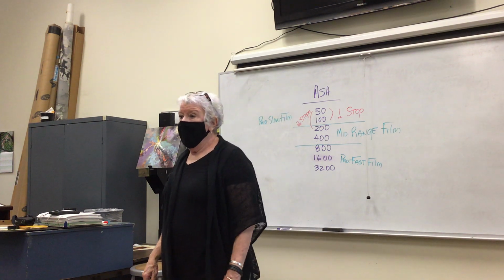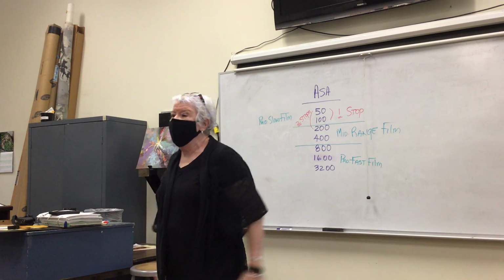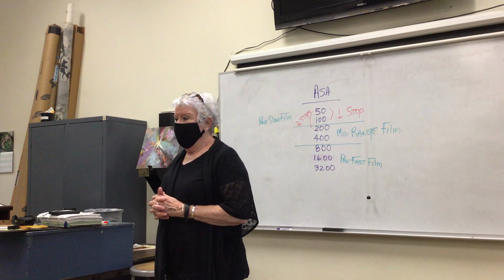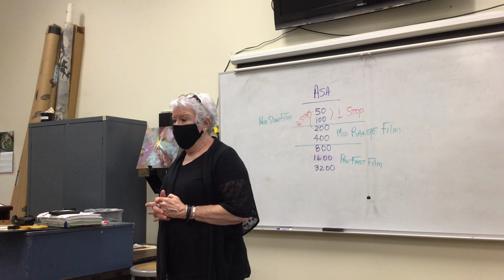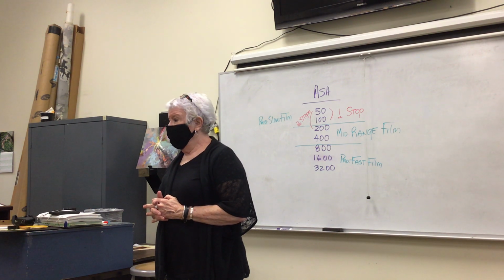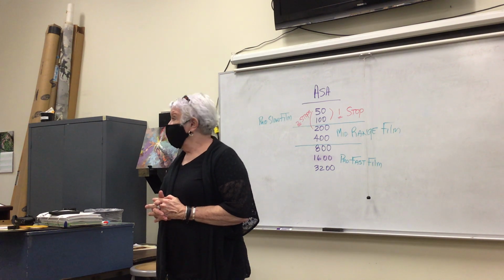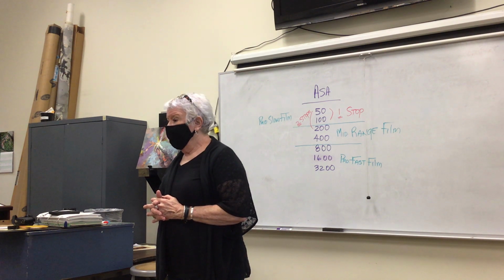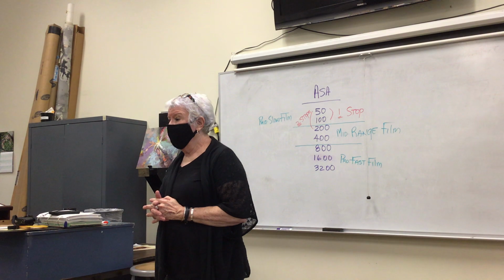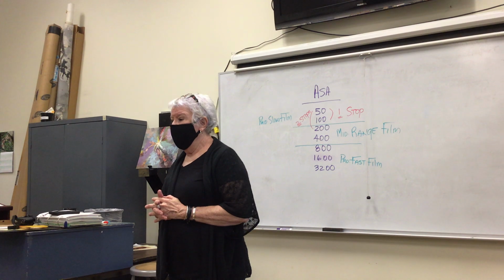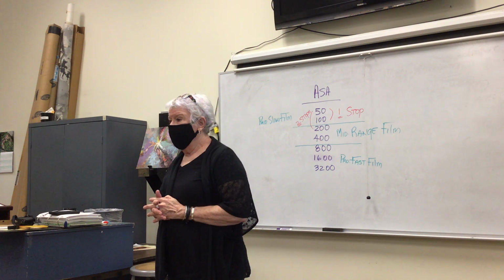Correct? So what would be the shutter speed if we're shooting ASA 400? Look at your shutter speeds. Remember, we're shooting negative film. Remember, with negative film, we do what? Okay, I'll give you a hint.